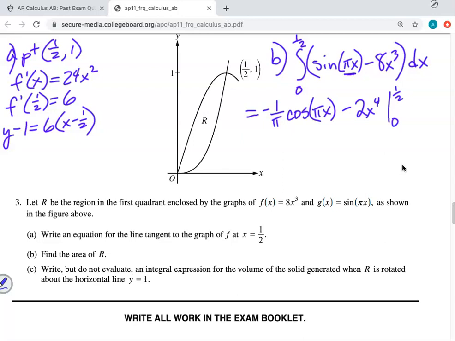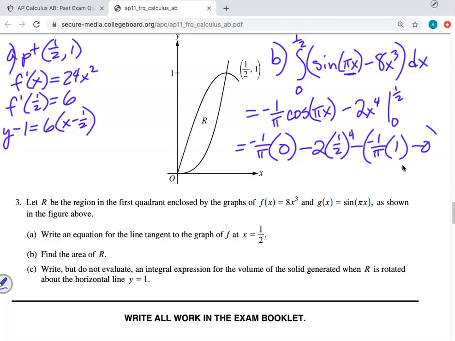All right, so now you get negative 1 over pi times the cosine of pi halves. What's the cosine of pi halves? 0. Minus 2 times 1/2 to the fourth, minus negative 1 over pi times the cosine of 0, which is 1, minus 0.